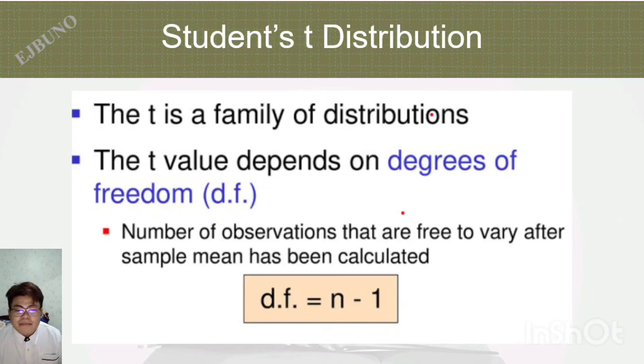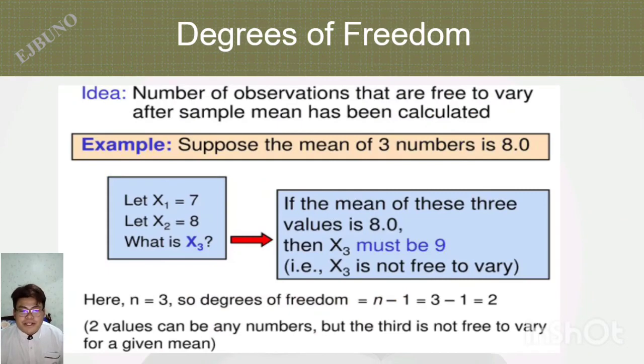Degrees of freedom is the number of observations that are free to vary after the sample mean has been calculated. Degrees of freedom is equal to n minus 1. For example, suppose the mean of three numbers is 8.0.